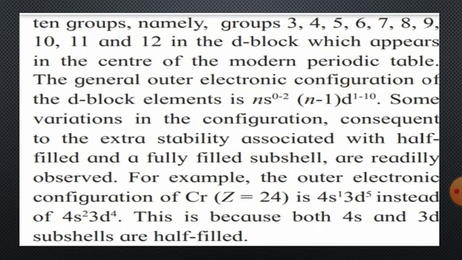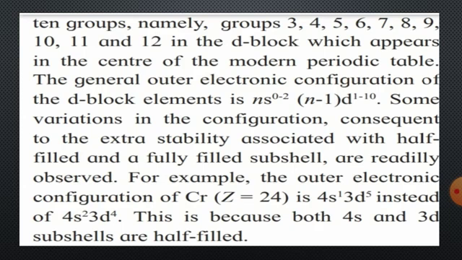The general outer electronic configuration of the d block elements is, remember, ns0 to 2 (n minus 1) d1 to 10. Why have I given ns0 to 2? Why have I not written ns2 directly? As has been said, the ns shell will be completely filled, and then only will the electron move into the (n minus 1) d orbital.